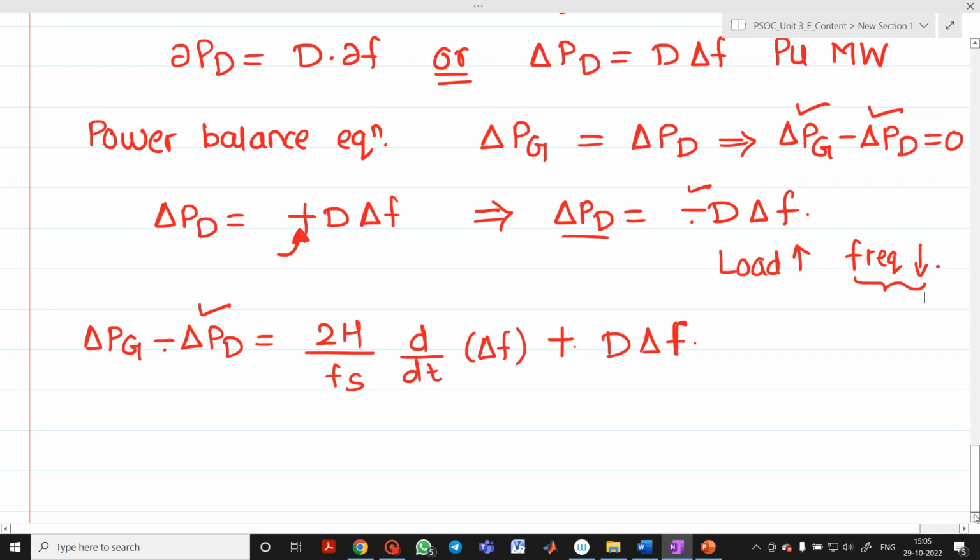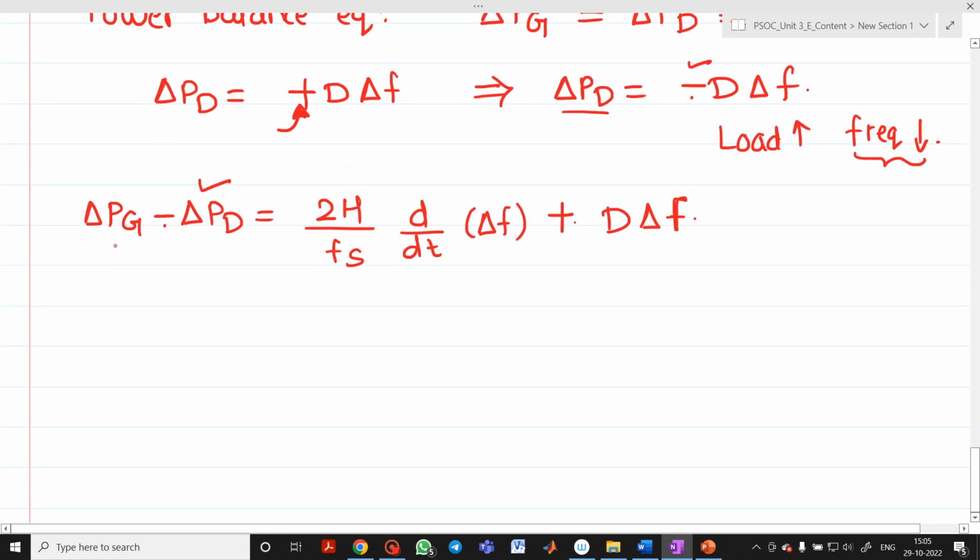So now whatever equation we have written here, I will take a Laplace transform of this equation. Now why are we taking the Laplace transform? Because anyway we have to create a block diagram with the help of this. So this is our transfer function.